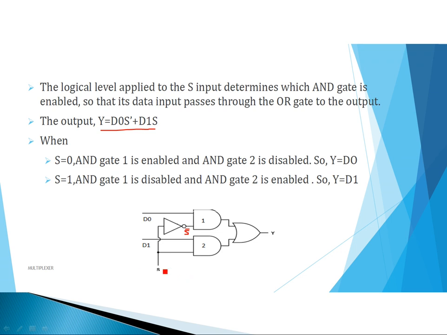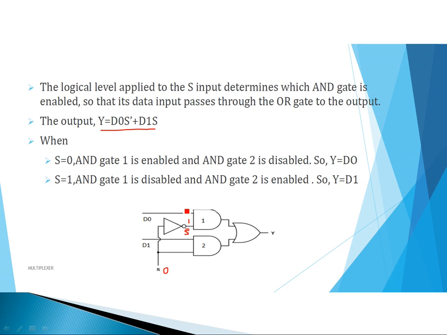So for example, consider the select line is 0, s equal to 0. So if s is 0, the d naught input has to be selected. Let's see whether the d naught input will be selected or not. So s is 0, here s bar, this input is 1, and another input for this AND gate is d naught.